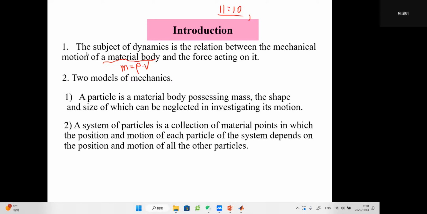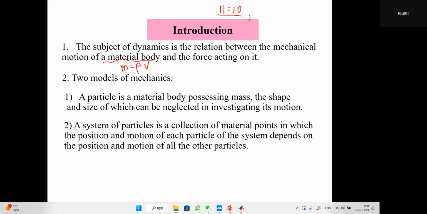So the subject of dynamics is the relation between the mechanical motion of a material body and the force acting on it, right? So here we are going to use two models of mechanics. The one is a particle, in Chinese, we have a terminology, we call that 质点.